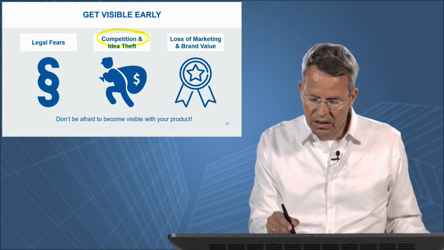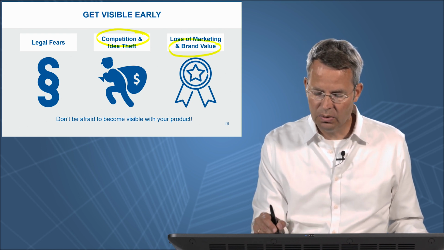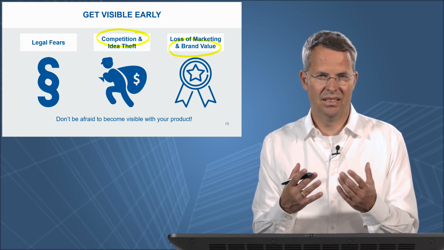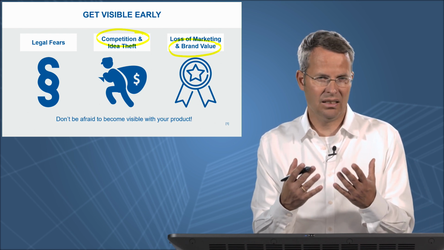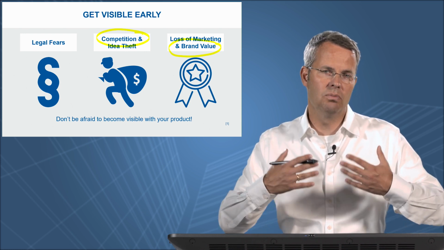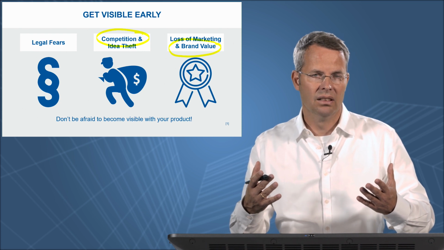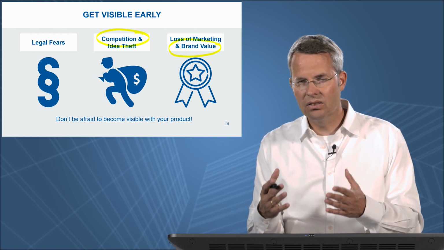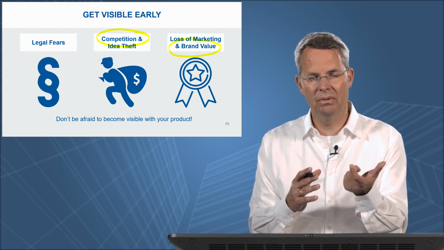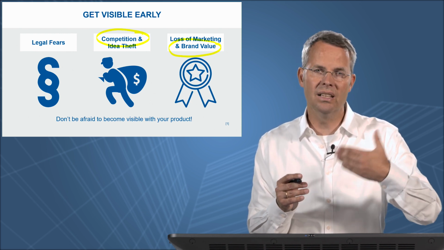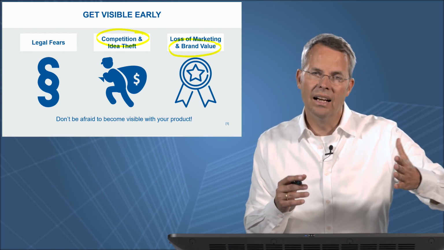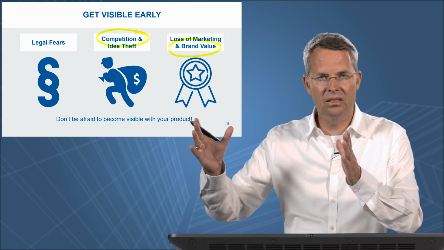People say we lose our brand value when we go into the market with only a minimum viable product, because that product might not look good enough, might not reflect what you think your brand should reflect. Well, again, if you start with the early adopters, and this is only a small group of people, these are the people who always try something new, and they will try the next thing and the next thing, and this is not the majority of the customers.